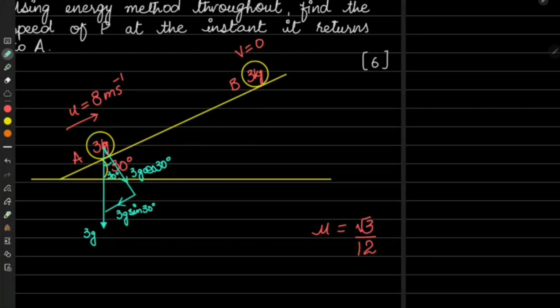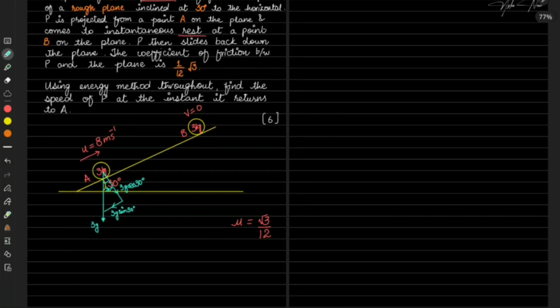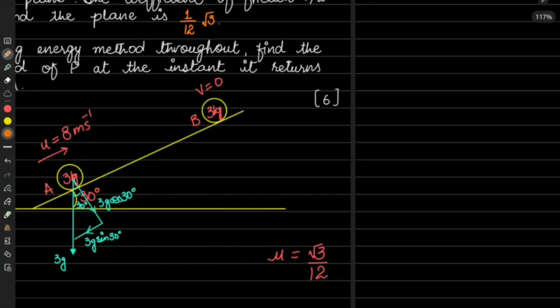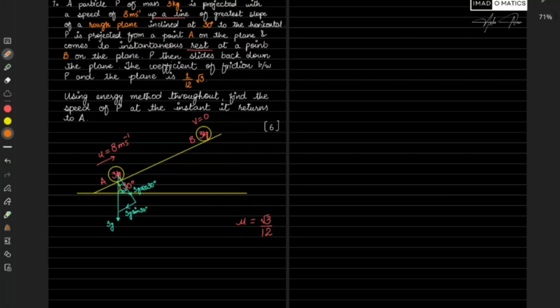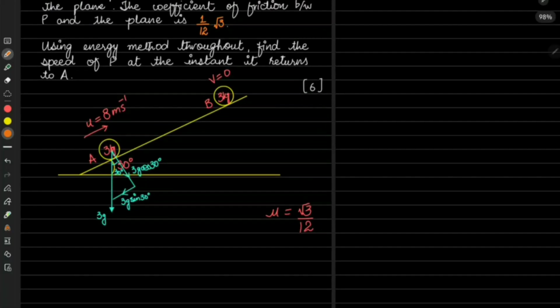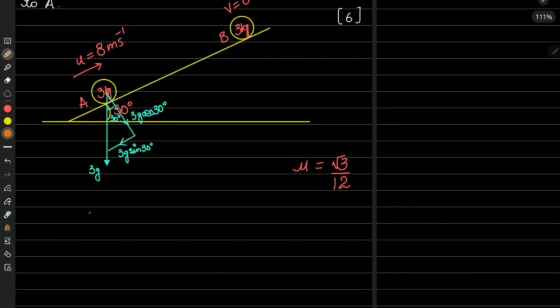And there is one more thing to understand, and that is the distance between A and B. Why am I taking it into account? Because they said use the energy method. So first let me write the energy method, then I'll make you understand that. What does the energy method say?